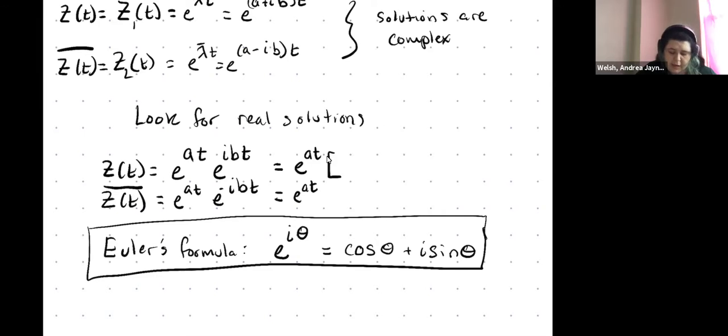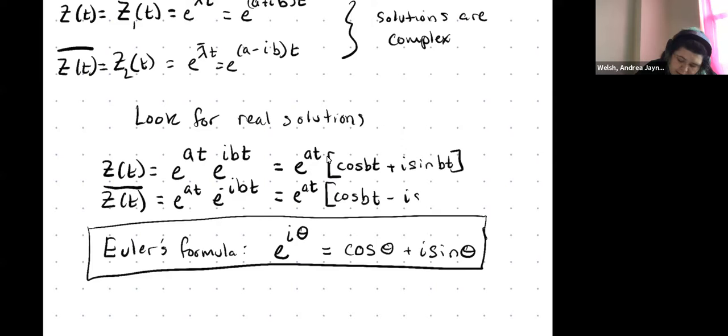Then the second exponential I'm going to break up using Euler's formula, so this is cos(bt) + i sin(bt), and cos(bt) − i sin(bt).